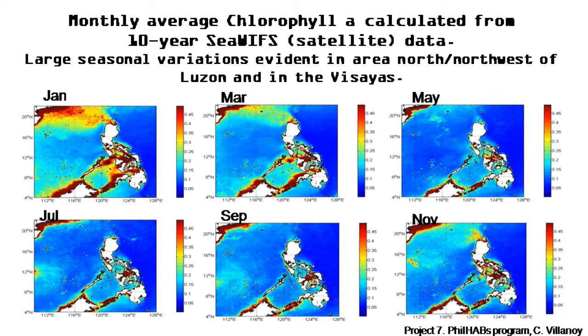You can see different months how the chlorophyll A changes, and you can see that during the amihan, or your northeast monsoon, that is the time when there's a lot of red all around the Philippines, and especially in the internal seas. So that's the time when there's relatively higher primary productivity in our country compared to when it's summer or during the southwest monsoon.